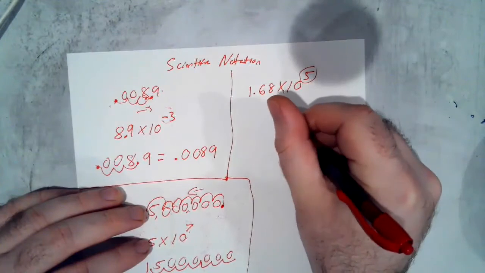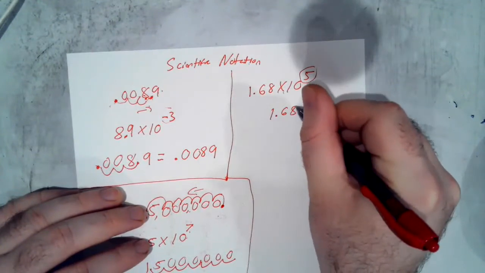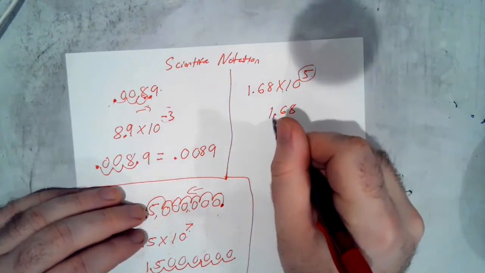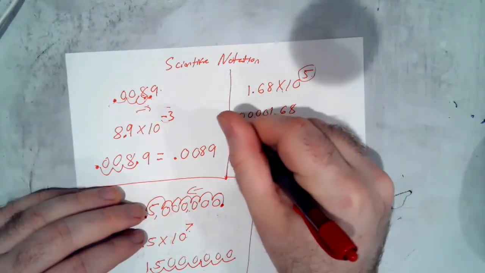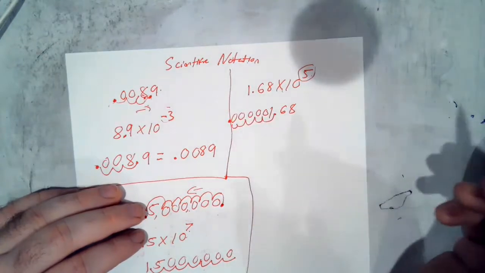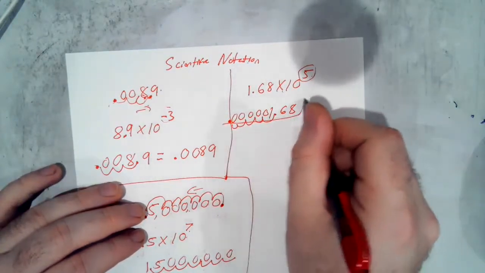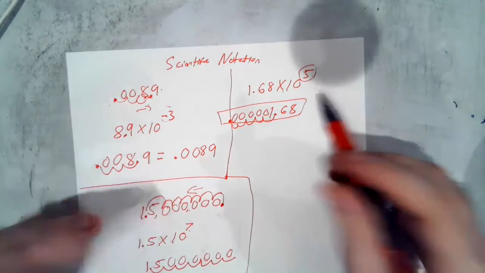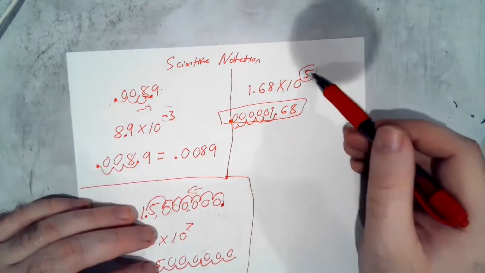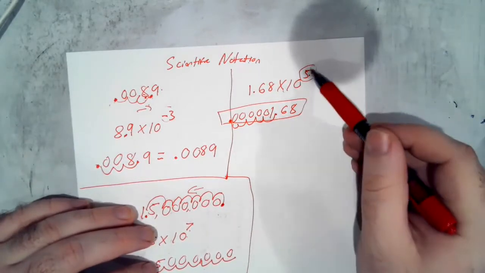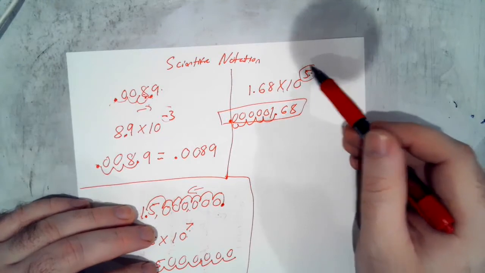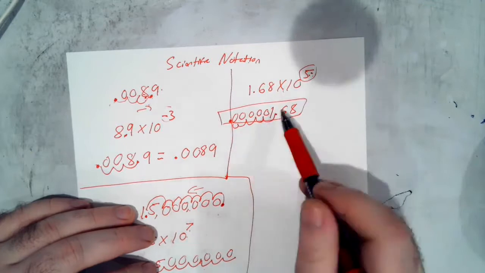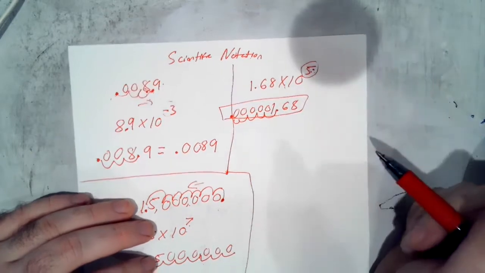If I wrote 1.68 and I was like, okay, I'm going to go back 1, 2, 3, 4, 5, fill all of these in with zeros. This is the wrong answer, to be absolutely clear. That doesn't make any sense because big numbers get positive exponents, not negative like this. So I know this is wrong because this is negative. So keep that in mind.